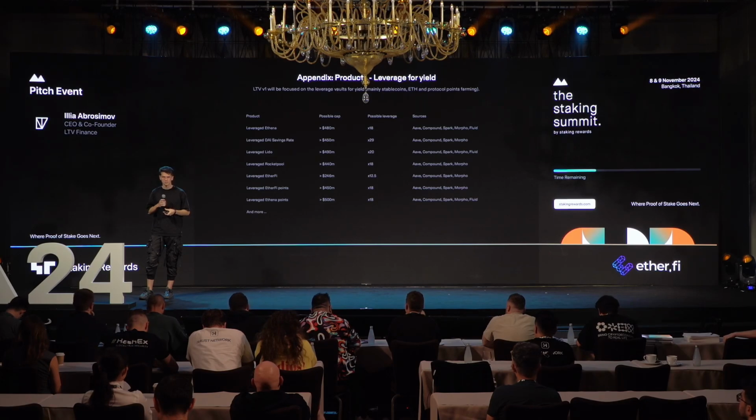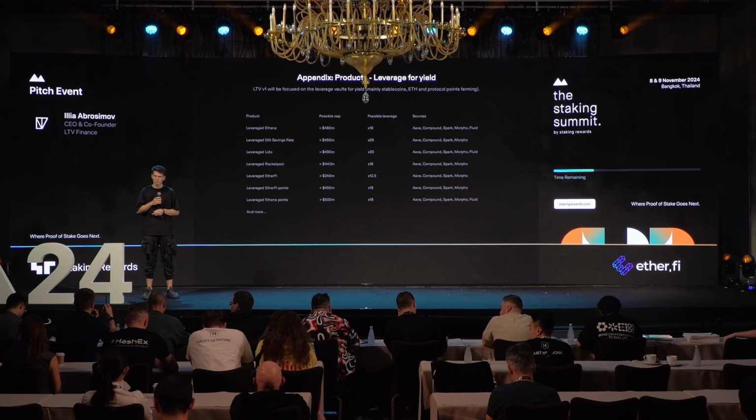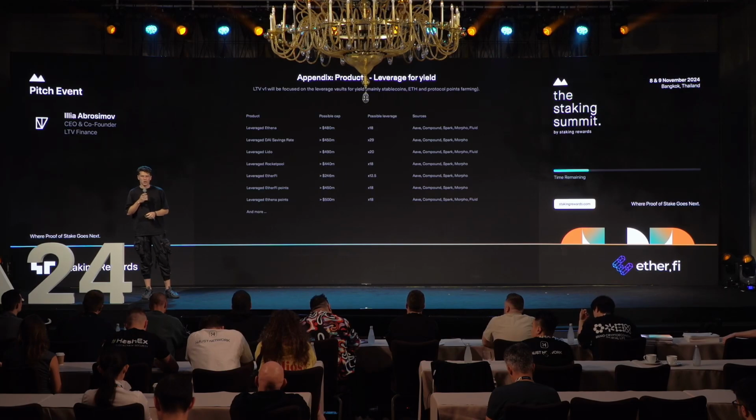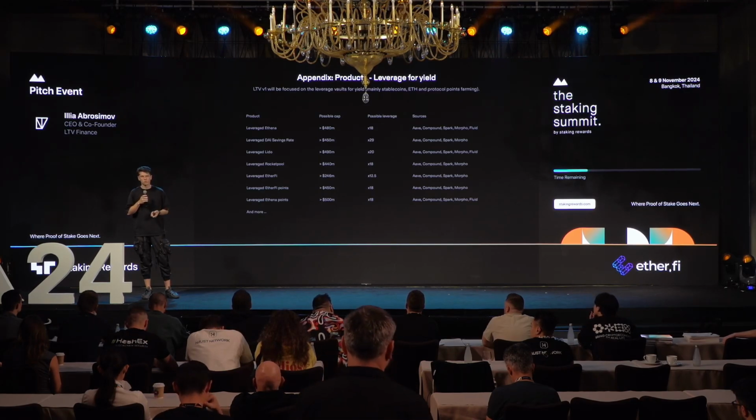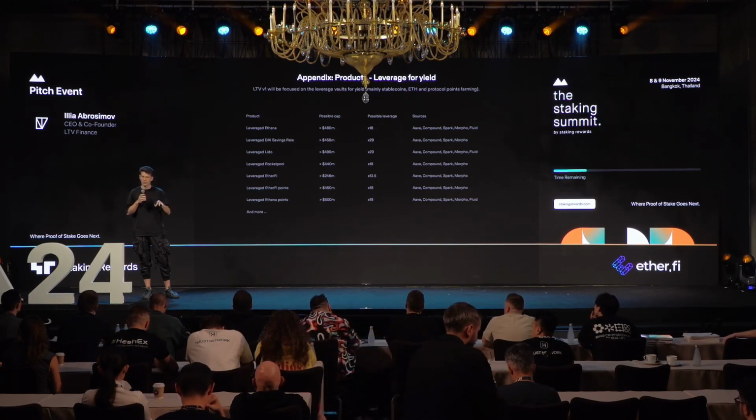All right, we still have 1.5 minutes for questions. You may not have the numbers, but for leveraged EtherFi, with a possible leverage of 12.5x, what would that turn into in terms of the actual yield on the underlying ETH? Approximately, with each leverage loop we can add around 1% of APY.